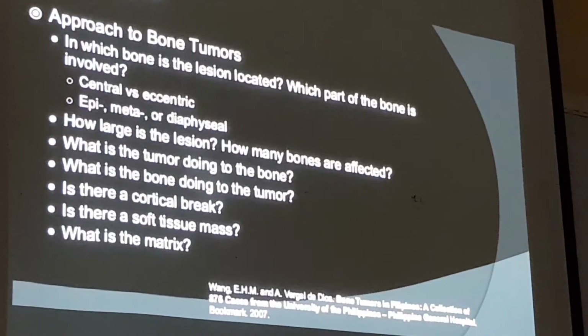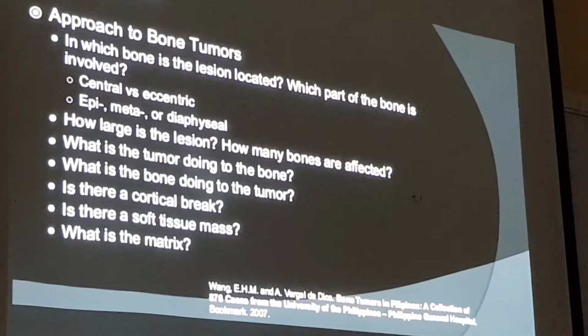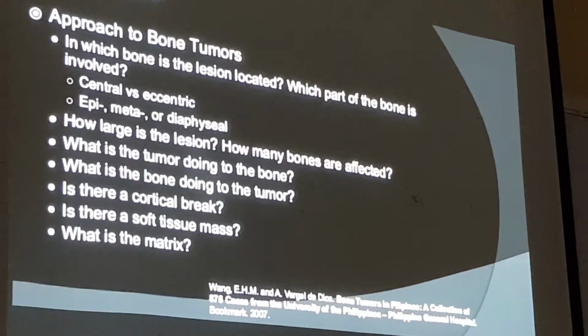Some forms of metabolic bone disease also have an aggressive appearance. But the take-home message here is, at the very least, you should be able to determine the characteristics which can determine whether your lesion is aggressive or non-aggressive.